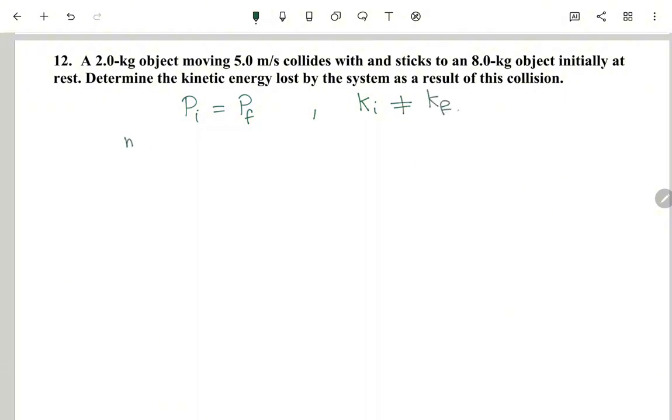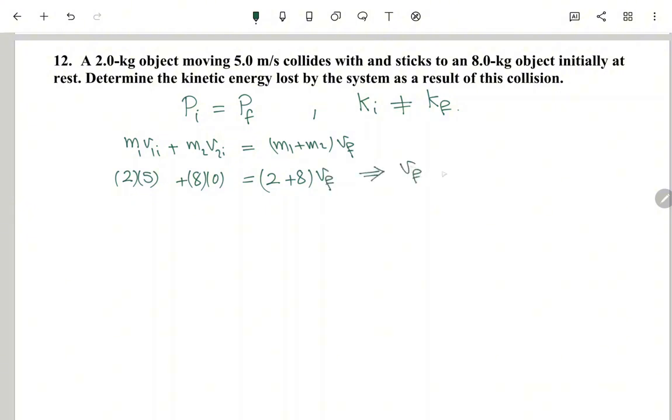So M1 V1 initial plus M2 V2 initial equals M1 plus M2 times V final. So 2 times 5 plus 8 times 0 equals 2 plus 8 times V final. Simplify this one here. So V final will be equal to 1 meter per second.